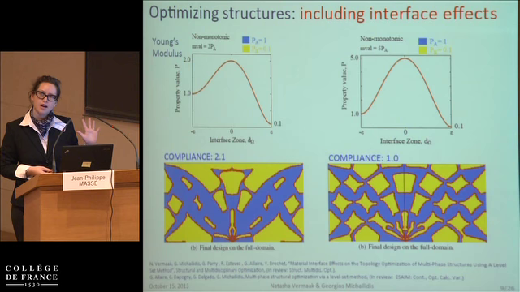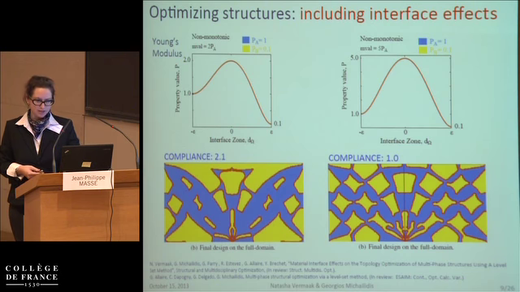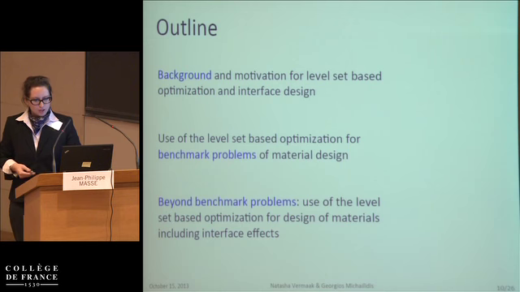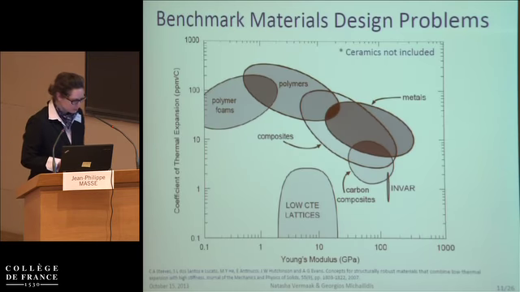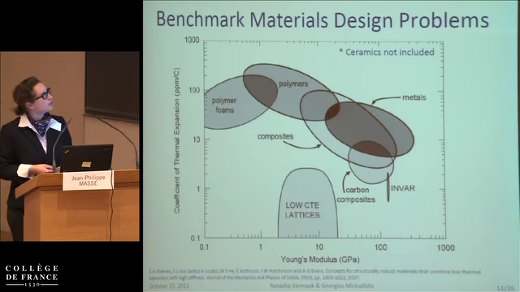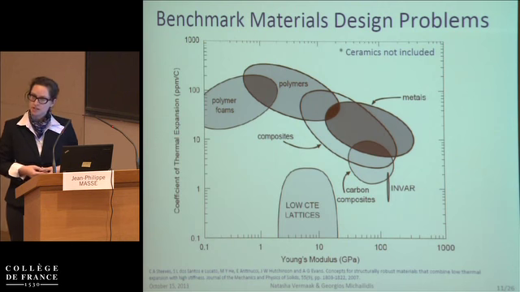We are enthusiastic about this example and many more in the area of structures, and that's inspired us to go on to materials design. So we again start with benchmark literature problems in materials design. For example, we took the space of coefficient of thermal expansion versus Young's modulus.